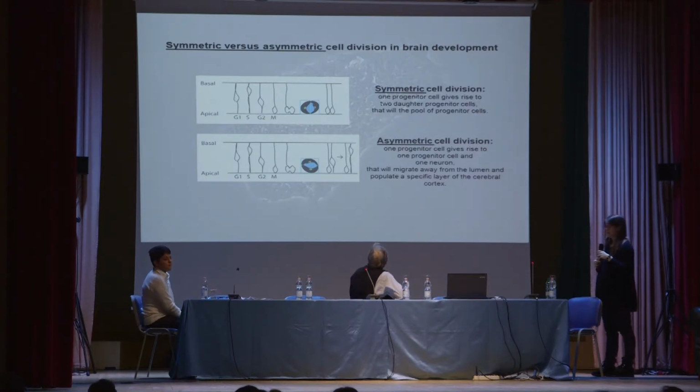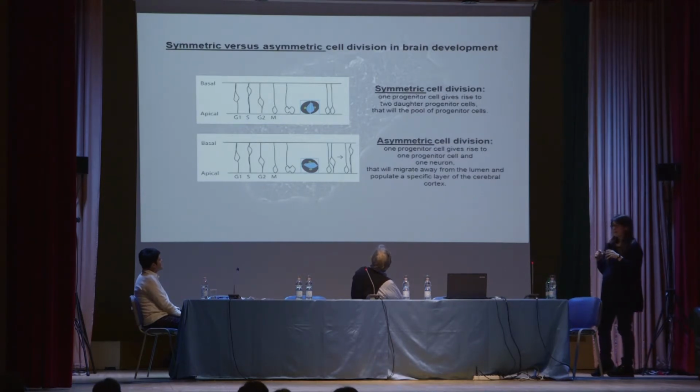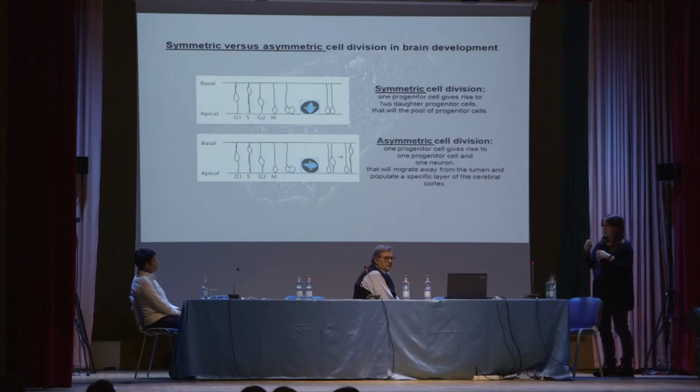We are making a very quick parenthesis about the symmetries and asymmetries of the neural progenitors, because it's important to establish the differentiation of the cells themselves. If the cell is dividing in a symmetrical way with respect to the base of the neural tube or of the neural rosette, then the two daughter cells will be neural progenitor cells and will reinforce the pool of cells that proliferate.